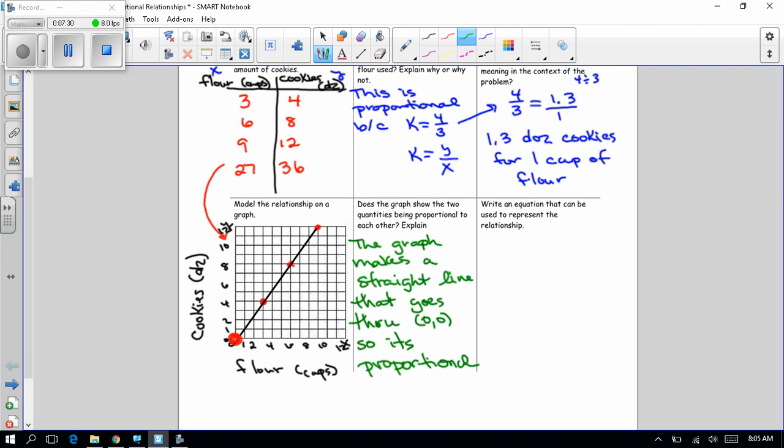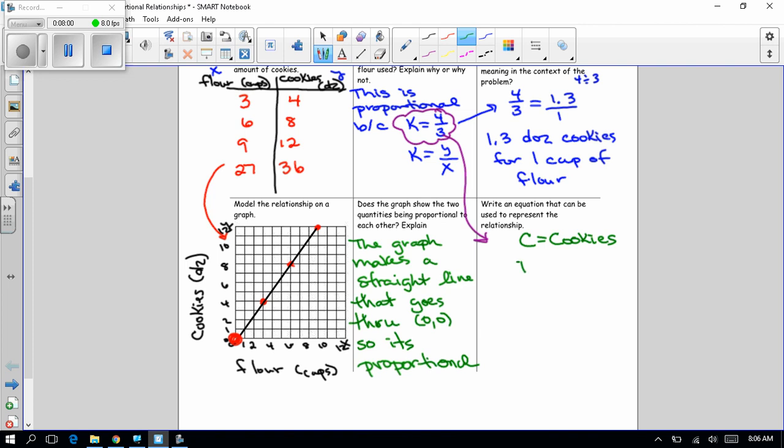All right, last thing, we're going to write an equation that we can use to represent any number of cookies and flour. Any number. So what we're going to do is take that constant of proportionality up here, this one right here, and use it in our equation. I'm going to identify what my variables stand for. We can use any letters we want. I'm going to use C for cookies because I'm not very original when it comes to writing my variables.